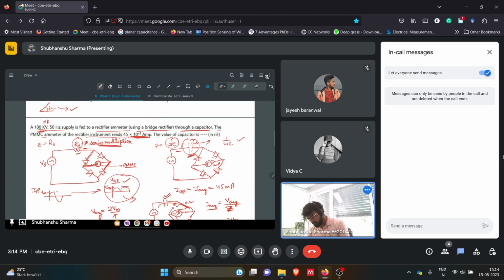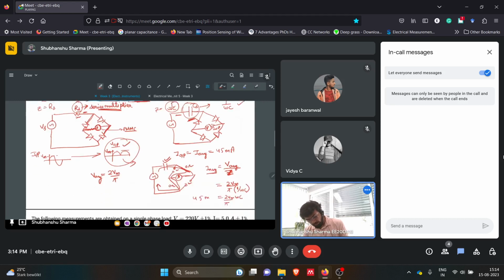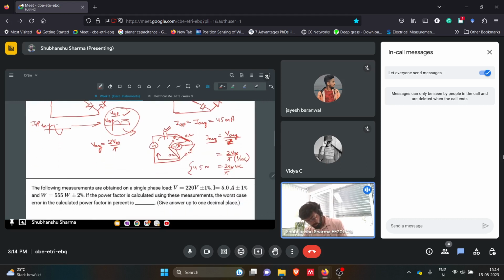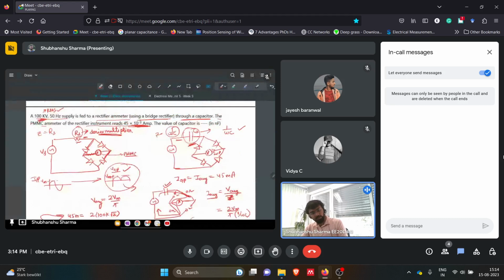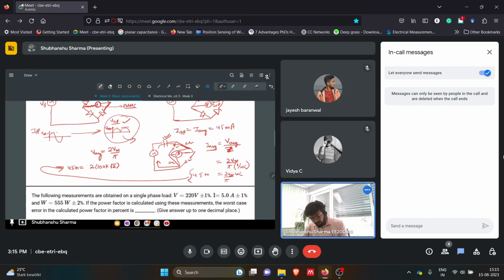value. Okay. So in this equation, I will write like this: 45 milli equal to 2 into 100k root 2. So this Vm is basically, this 100k is the RMS value, so I am converting into the peak value by multiplying by root 2. So this is 100k root 2.